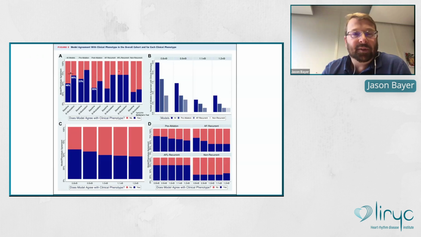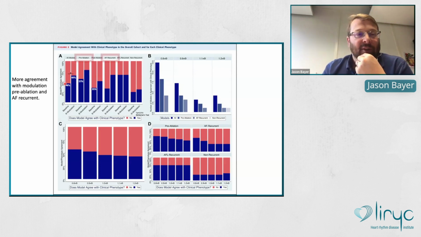There we go. So in the upper left-hand panel, now they're just really looking at the model agreement. So they want to say that amongst all those simulations that we saw, do they agree with what the patient was diagnosed with or presenting within the clinic? And overall, it seemed to have an increased agreement with modulation. So modulation's on the right, the baseline, the default parameters are on the left. Pre-ablation, there was an increase.